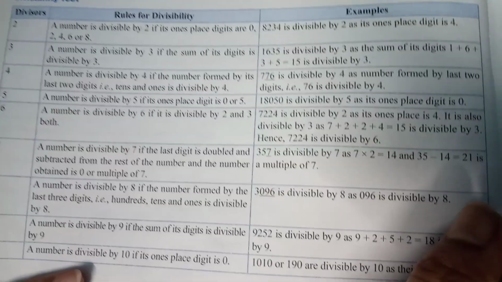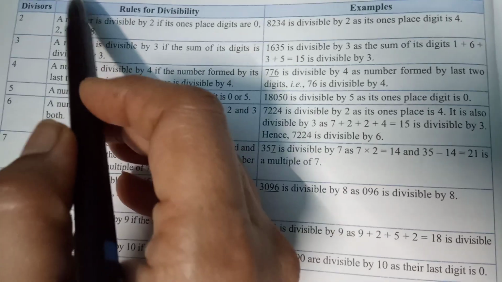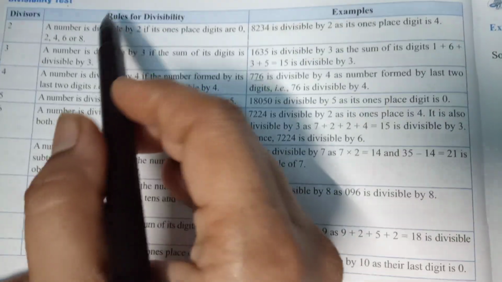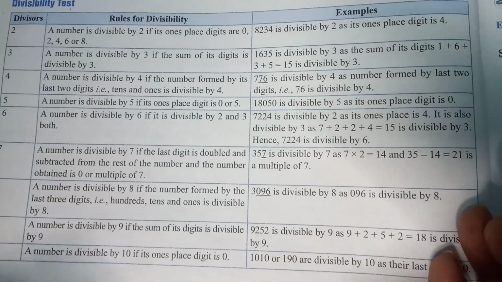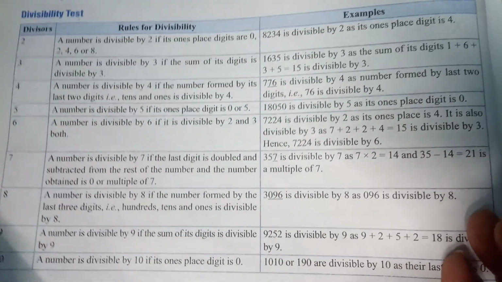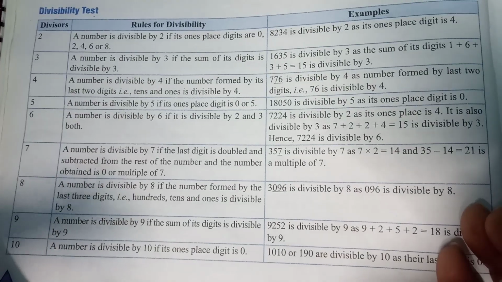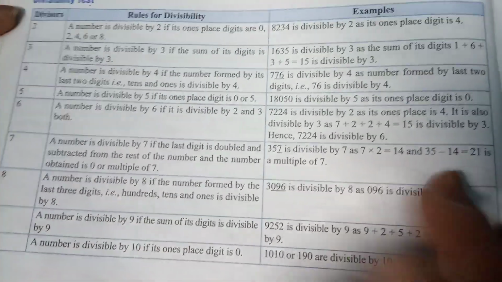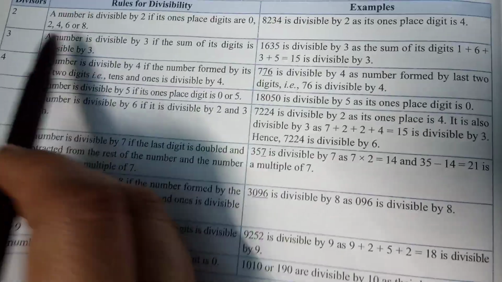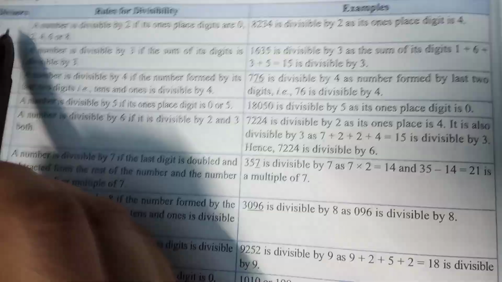Our next topic is divisibility tests. These tests are helpful for finding whether the given number is divisible by 2, 3, 4, 5, 6, 7, 8, 9, 10 or 12. Right? So the first rule is divisibility by 2.